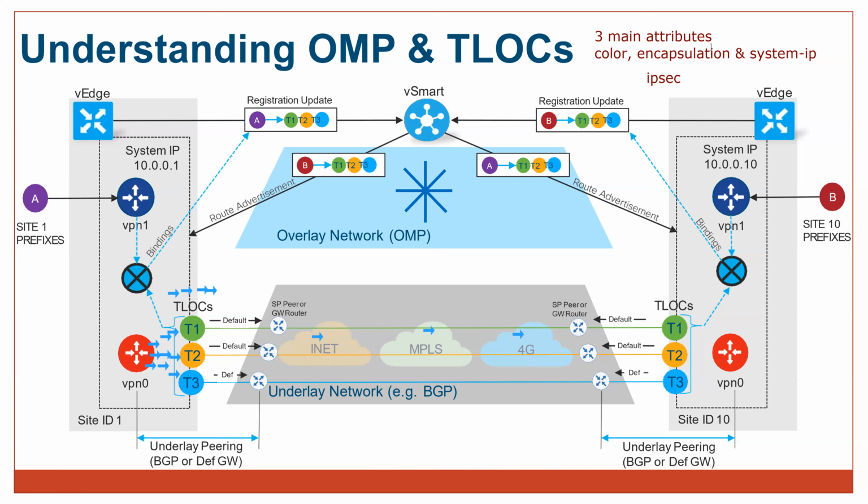Okay. So TLOC is nothing but the transport locator. Again, you are thinking what is this TLOC and all. So I'll tell you in a single word, this TLOC is nothing but next hop.